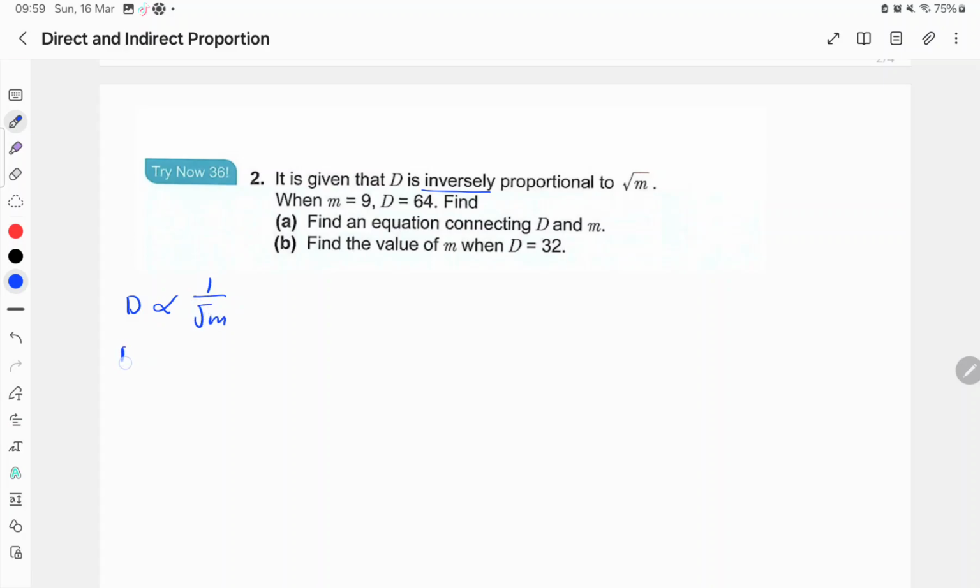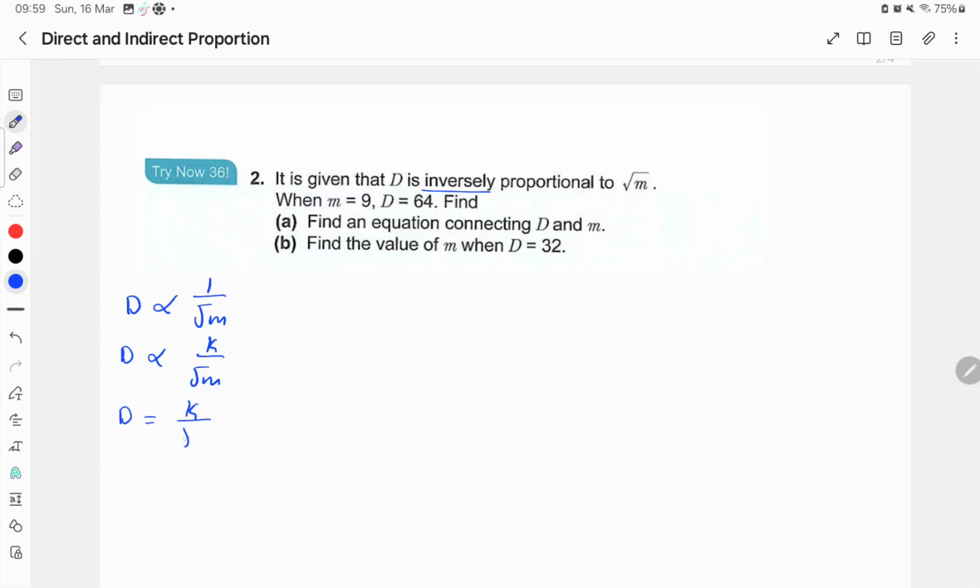and then from there D is equal to, or if you want, 1 over, some books and some people will start off like that, and then you replace 1 with K. Then you will still put the same thing, and only then you change to the equal sign, which is unnecessary.